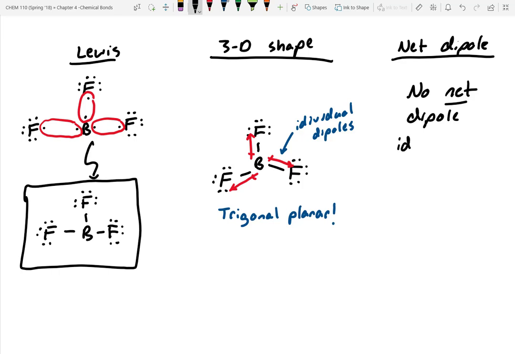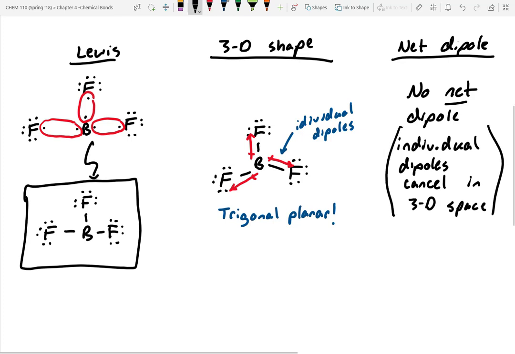And that's because the individual dipoles cancel in 3D space. Does that make sense? All right, we'll do one more and then we'll jump into the model kits.